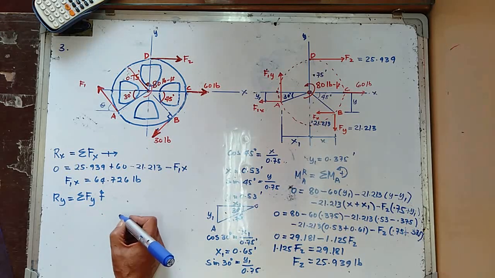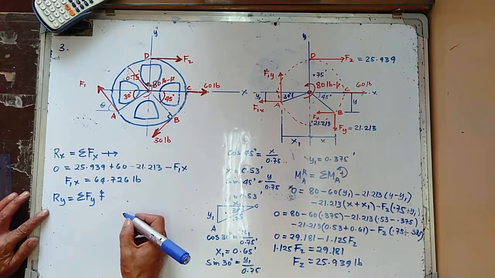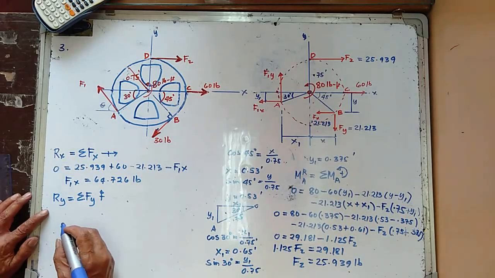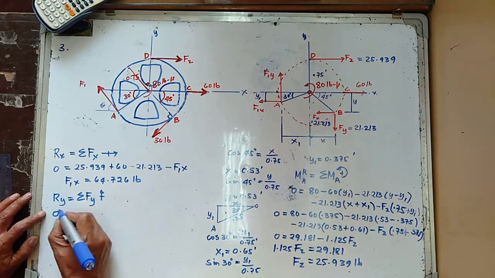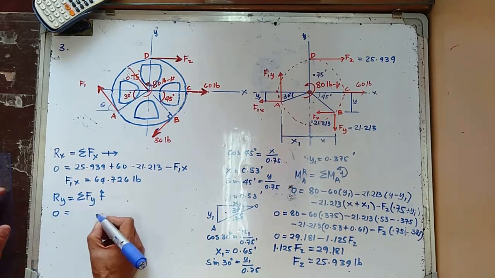Now, Ry is equal to the summation of forces along the y direction. I consider upward forces as positive. Again, since the resultant is equal to 0, Ry is also equal to 0.